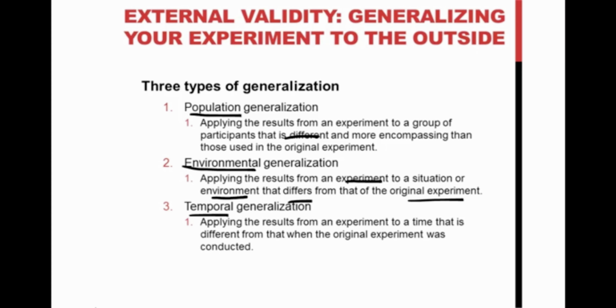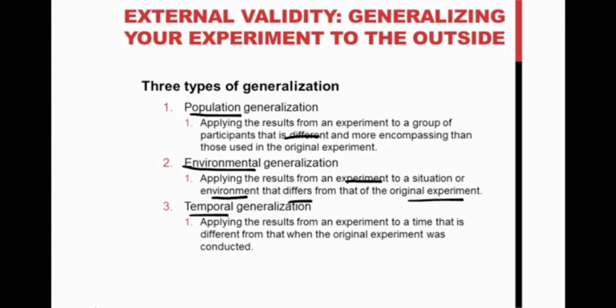However, if you would like to generalize these results to the way people remember stuff in the supermarket, or the way people remember items while having conversation with friends, those are environments that are different from the classroom, and you need to think about how well your results actually generalize to this new location.